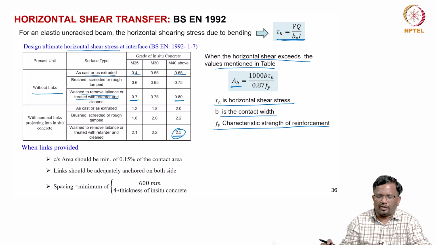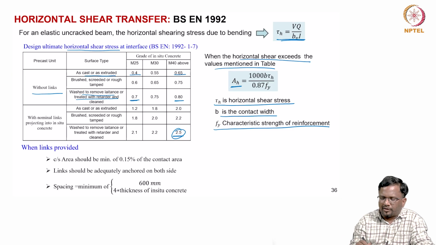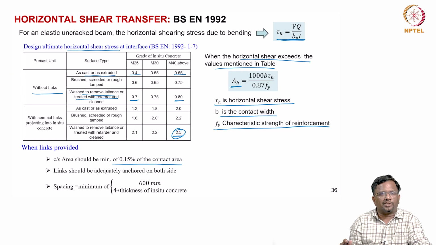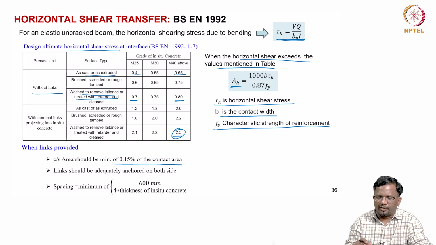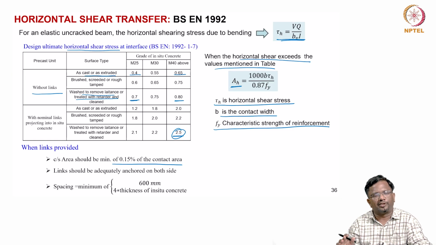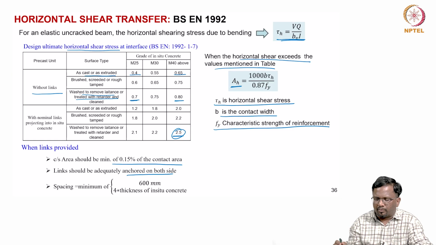Now, let us look at it. When the links are provided, the cross-sectional area should be at least 0.15% of the contact area. Just like in web shear, where we provide minimum stirrups, here also for horizontal shear some minimum reinforcement is required. That minimum reinforcement is 0.15% of your contact area. And the links should be adequately anchored on both sides.